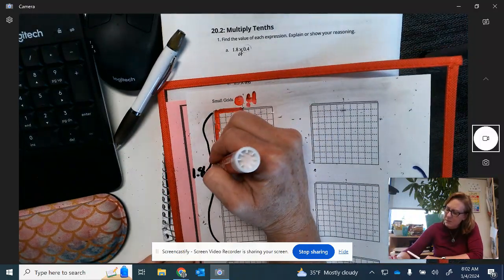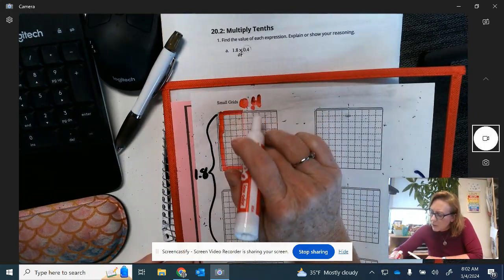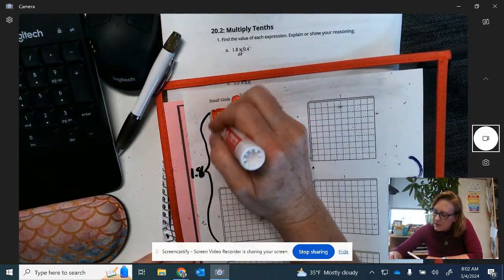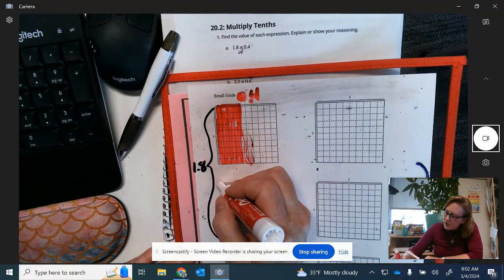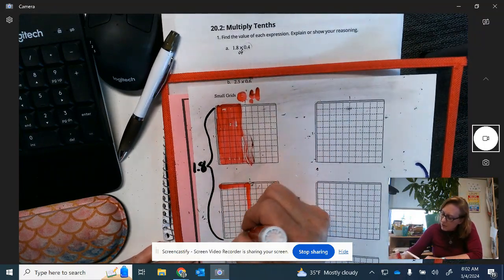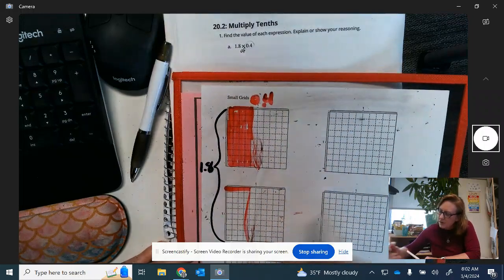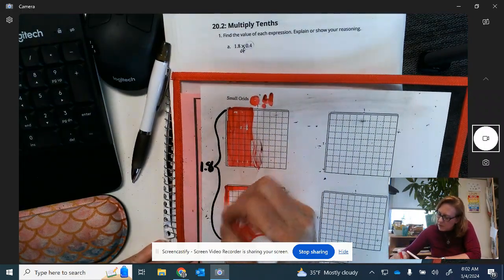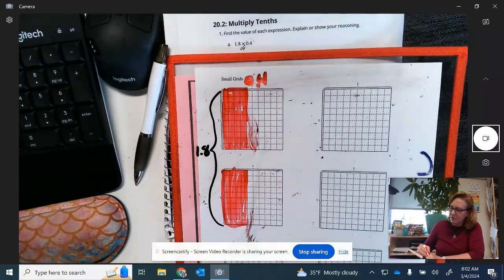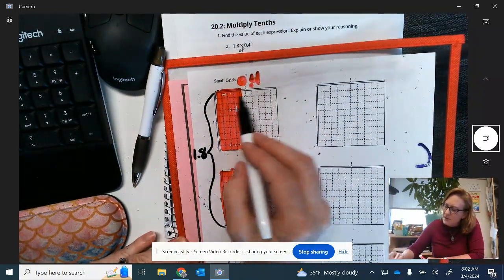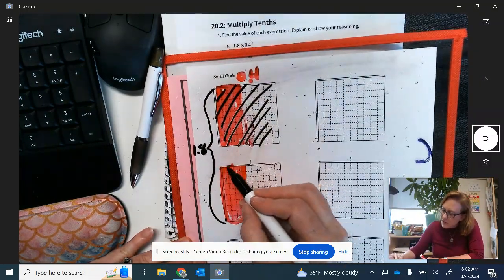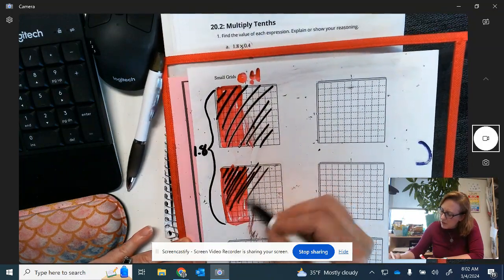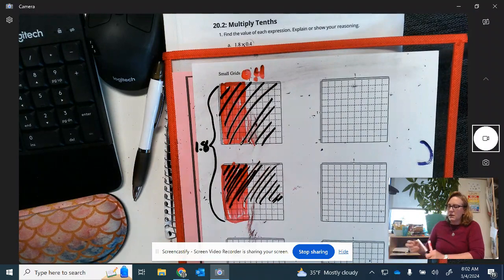Let's see if this works. Oh, I went one too many. But I've got to put this 4/10 all the way down through the 2. So we've got 4/10 all the way down. And then 1 8/10. So this whole thing is colored in, and 8/10 more is colored in.